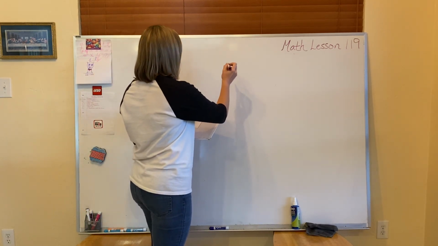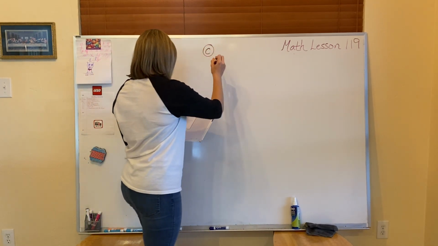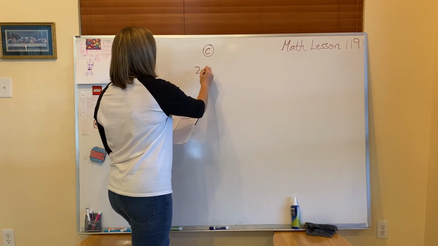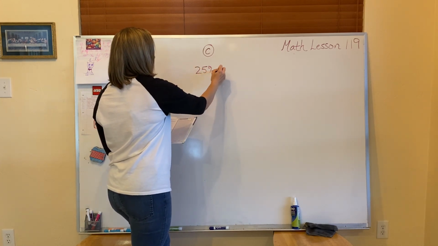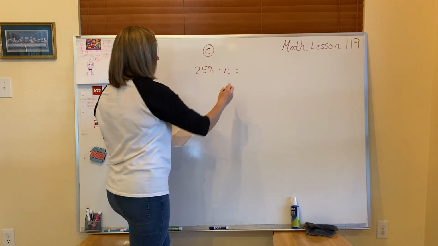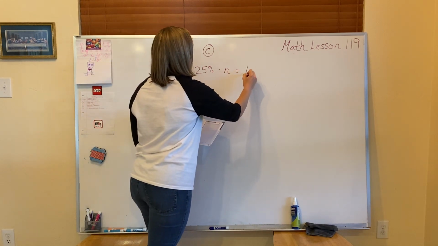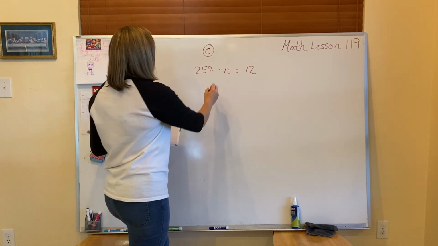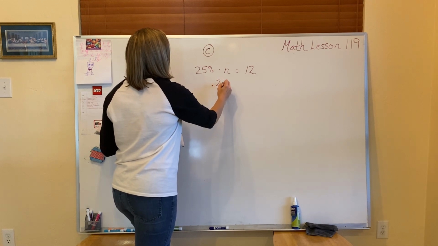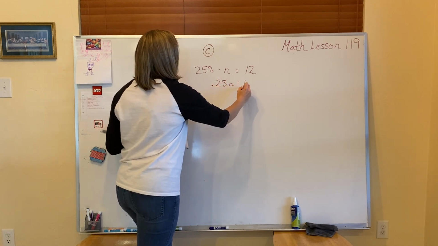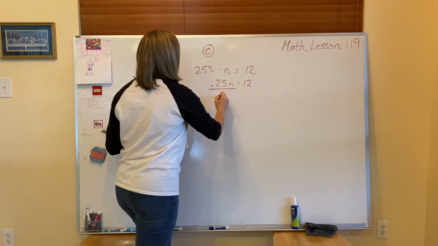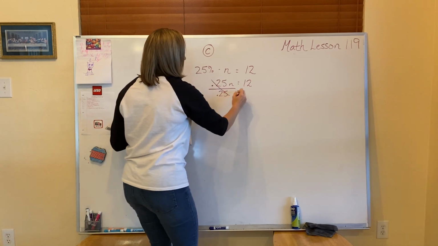C, 25% of what number is 12? So we have 25% of n equals 12. 0.25 n is equal to 12. Divide each side by 0.25.